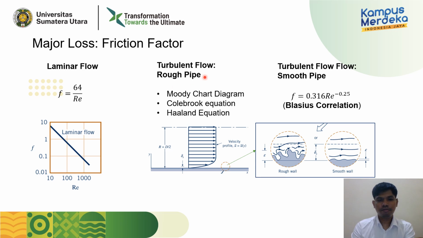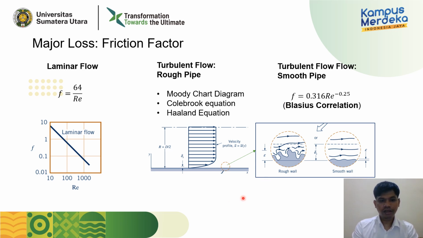For the rough pipe, we can use the Moody chart diagram. You can also use the Colebrook equation, and the last one we can use is the Haaland equation. But if the surface of the pipe is smooth like this, you can also directly use this equation to find F, the friction factor.